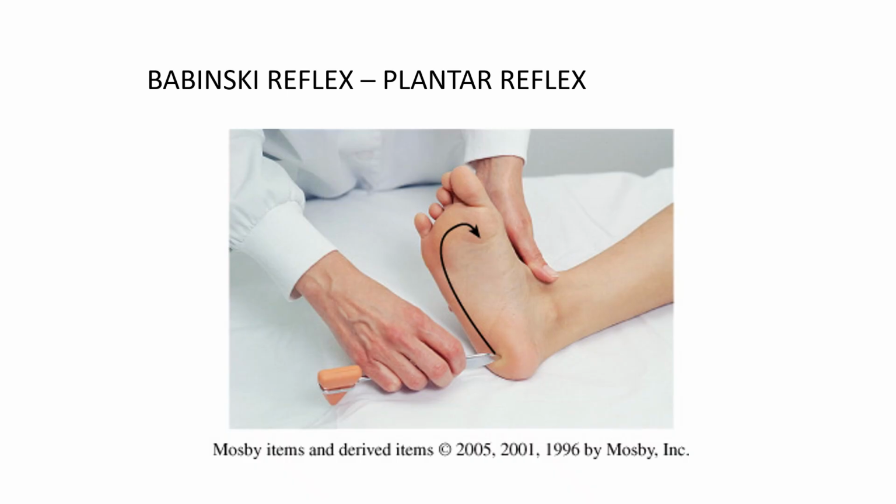In infants, they do fan out and the great toe dorsiflexes, but in an older child or an adult, they should not fan outwards. So when you see Babinski, think baby. In a baby, this fanning out is normal and expected, but in a big person, it is bad. And it is also telling you that there is a problem with the brain.